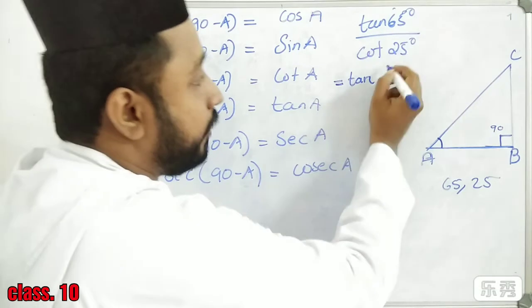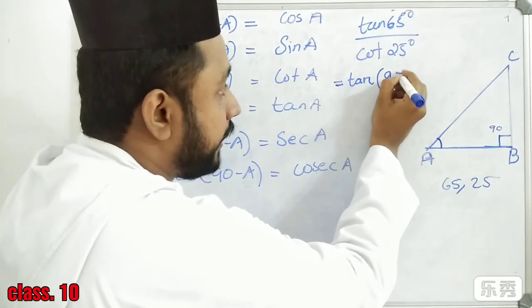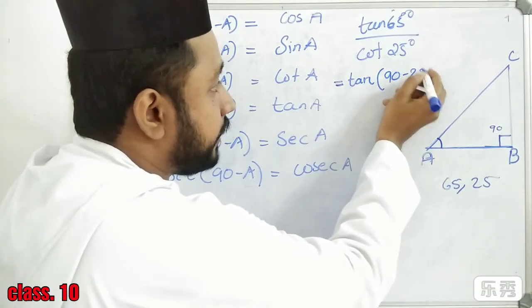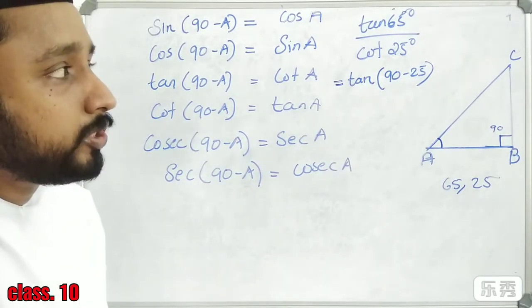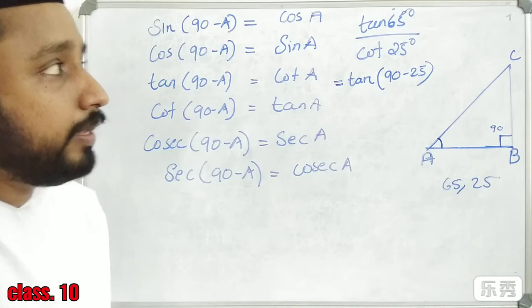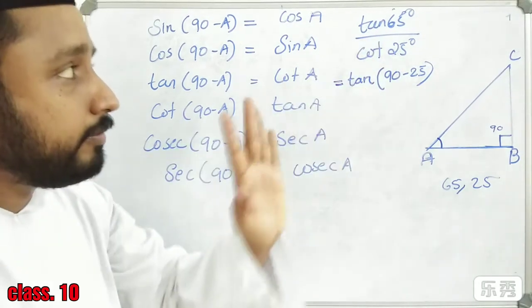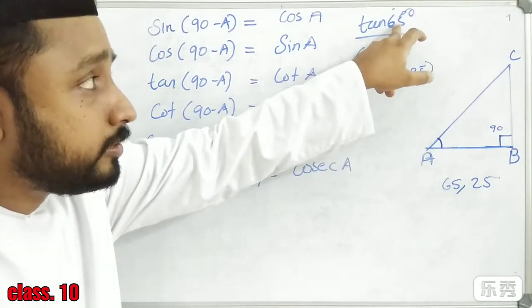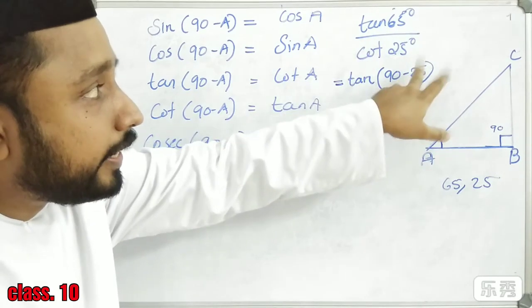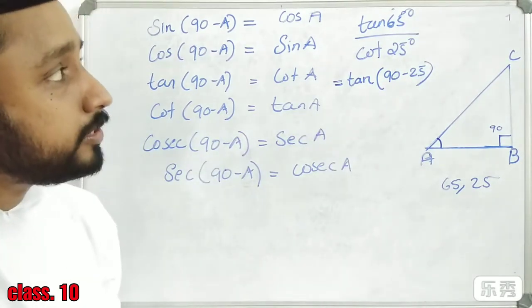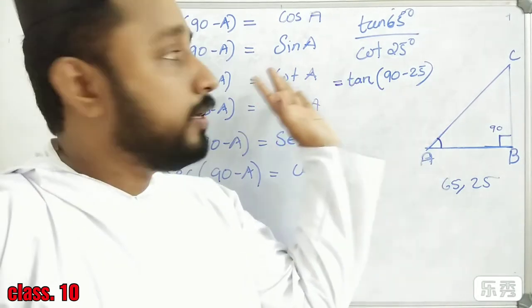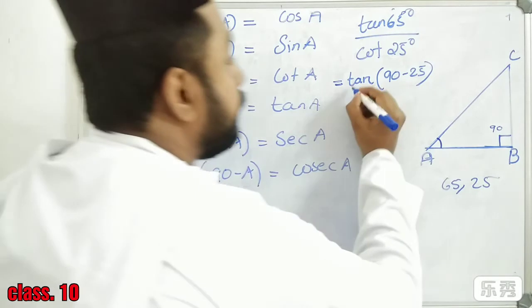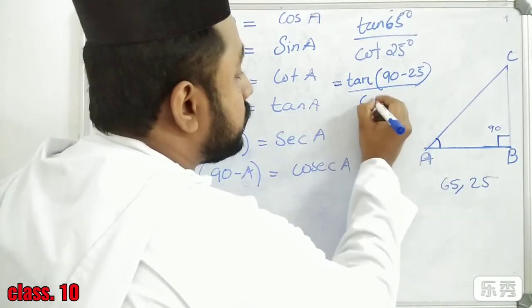Instead of this 65, I am going to write 90 minus 25. Is it correct? So tan 65 means tan of 90 minus 25, divided by cot 25.